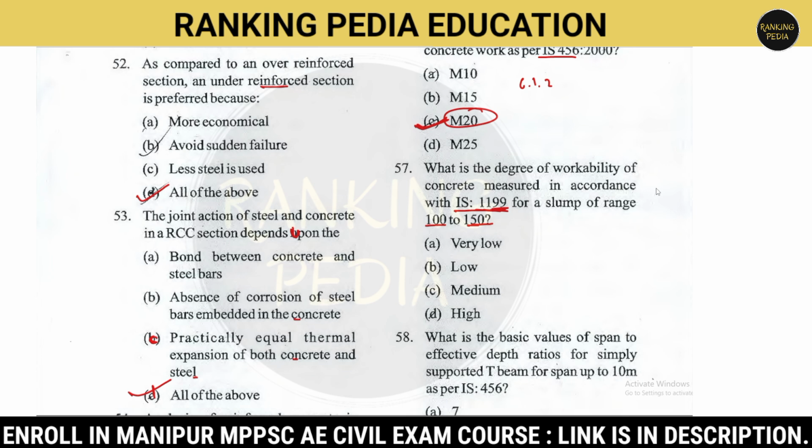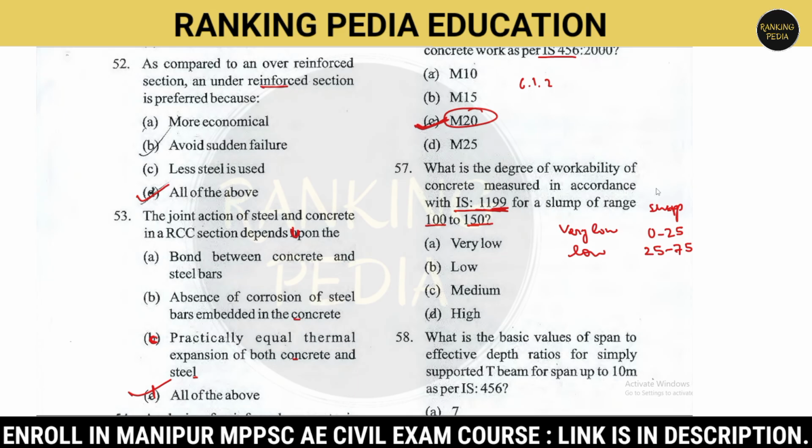If it is very low, your slump ranges in mm from 0 to 25. If it is low, then it is from 25 to 75.